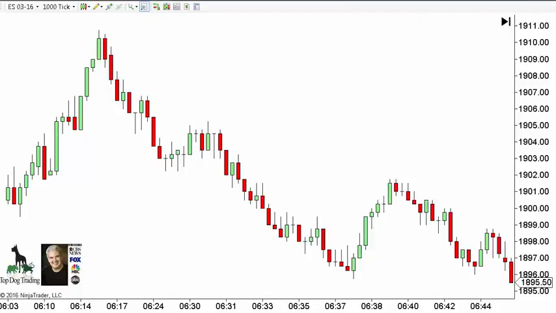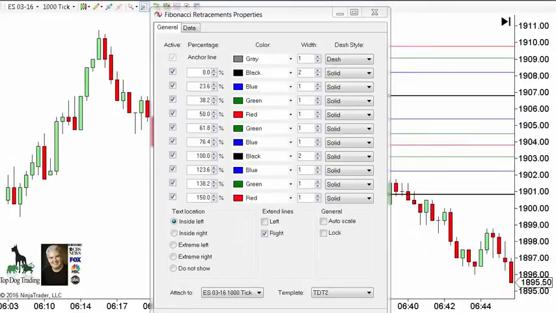All right, so first of all, let's look at what these Fibonacci numbers are. Let's bring those up so that you can have them on your chart. Here are the numbers that I use. Remember, this is a percentage of how much the market retraces back toward the initial impulse move where it started.